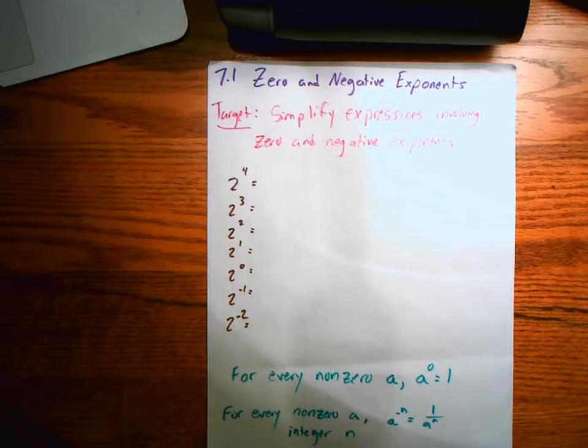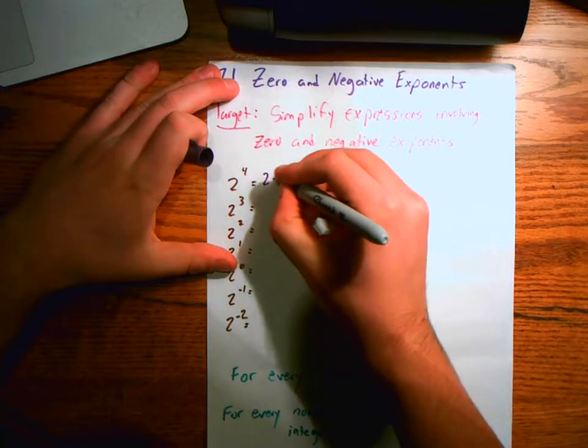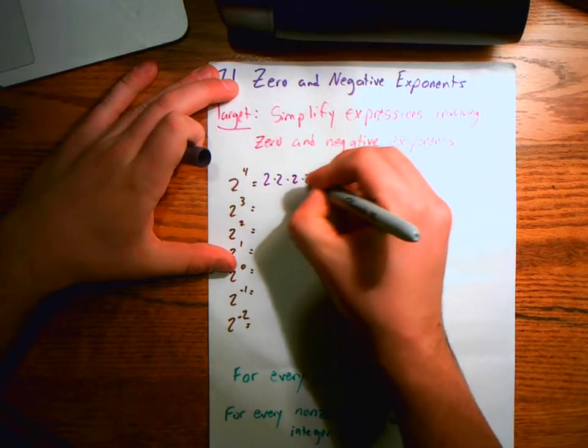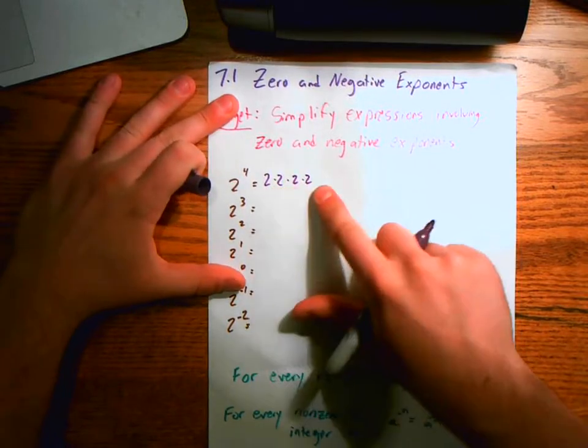One thing that you will notice about solving for exponents, whether it's a negative or a zero, is that there's a pattern if you have numbers of the same base between the exponents. So if we start at 2 to the 4th power, that is the same thing as 2 times 2 times 2 times 2, or 2 times itself 4 times.